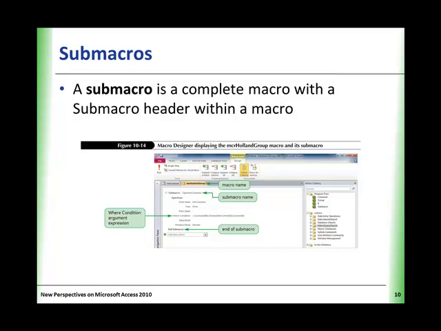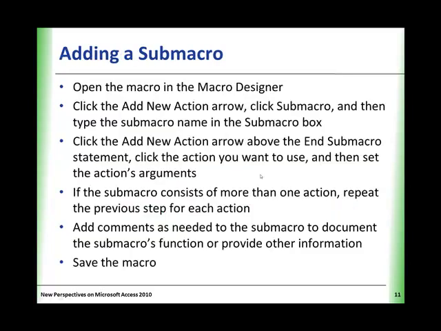You can create a macro group or a macro for the form and then create a series of submacros within that main macro so that when you pull it off the properties box, you see the name of the macro group, and then you can pull the submacro from below it. So you will see that as adding submacros as we go through our demo.